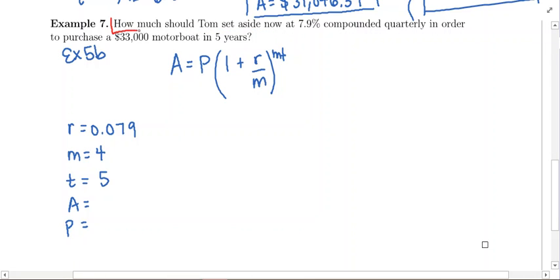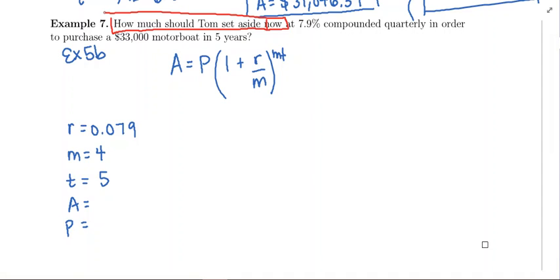It says, how much should Tom set aside now? We need to figure out how much he wants to put in the bank right now so that it will grow and he will have an account balance, or future value, of $33,000. So we're trying to figure out the P value, the amount of his initial deposit, and A is the amount he wants to have in the future.